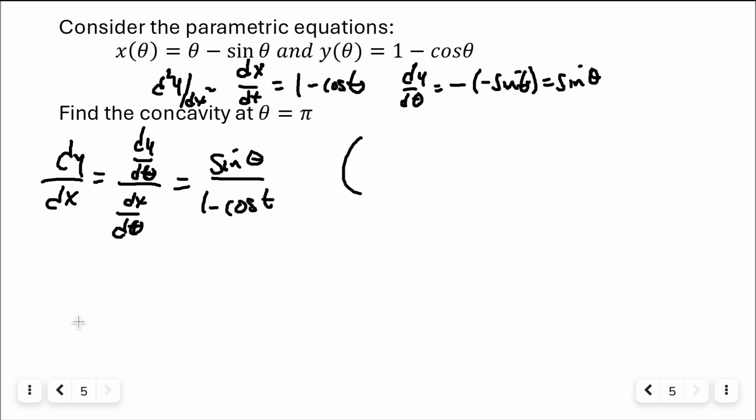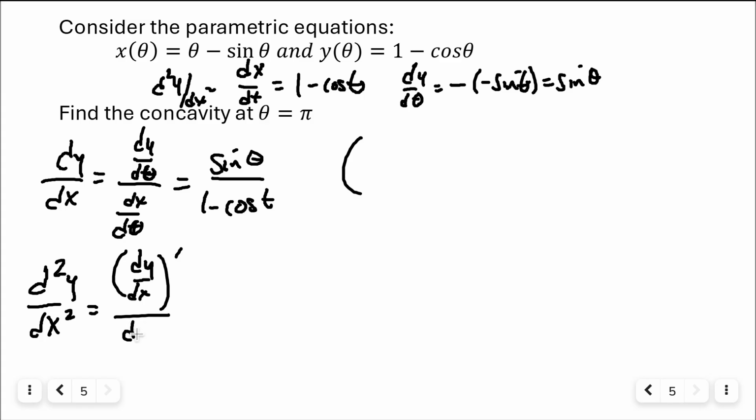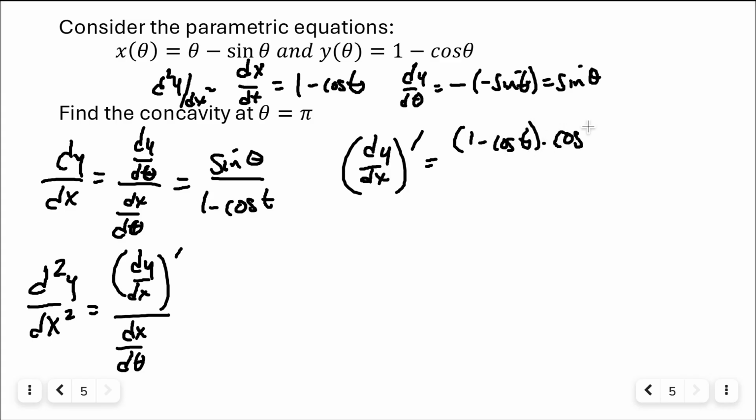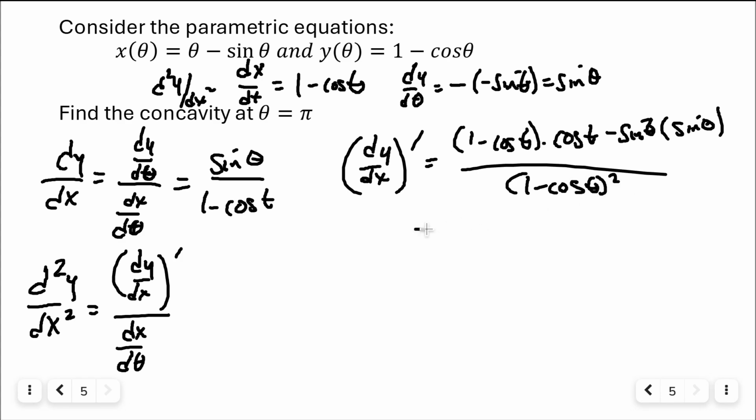Okay, so now to find the second derivative, it's going to be the derivative of the first derivative over dx/dθ, which is the correction factor. So let's find the derivative of the first derivative. We'll use the quotient rule again. 1 minus cosine, derivative of sine is cosine, minus, leave the sine there, derivative of 1 minus cosine is going to be sine, all over (1 minus cosine) squared.